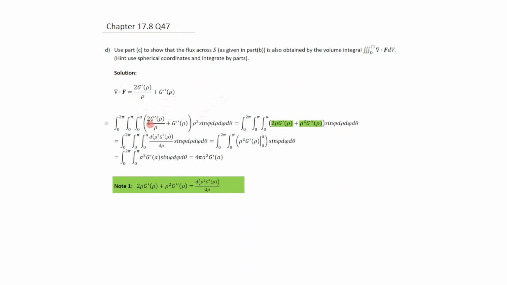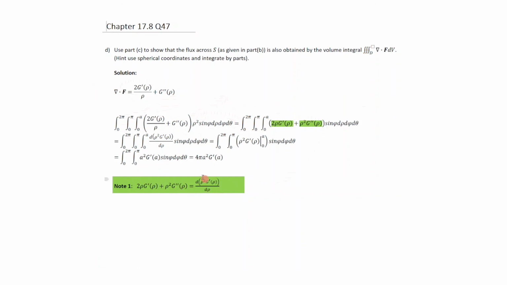Because it's spherical coordinates, dV, the differential volume, is rho squared sine phi d rho d phi d theta. Because we're dealing with a sphere, the bounds on rho are 0 to a, the bounds on phi are from 0 to pi, and the bounds on theta are from 0 to 2 pi. If we multiply through by rho squared here, we end up with this expression, and I'm suggesting it can also be written as shown here.